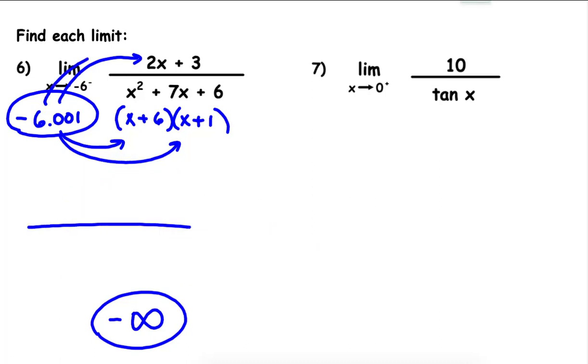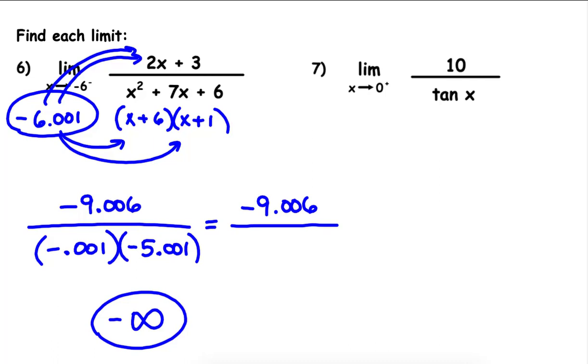If you plug in the negative 6.001, you do get negative 9.006. In the denominator, you're going to get negative 0.001 times negative 5.001. If you multiply these two terms together in the denominator, you're going to get 0.005001.